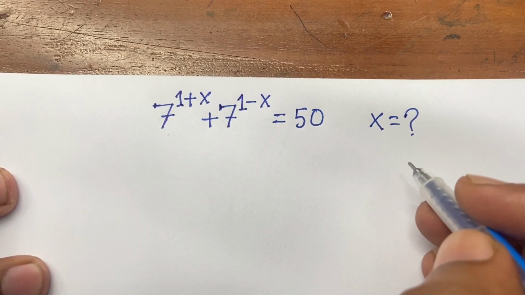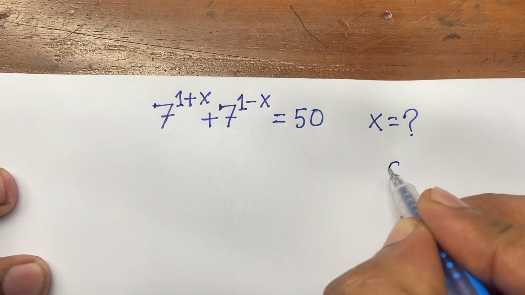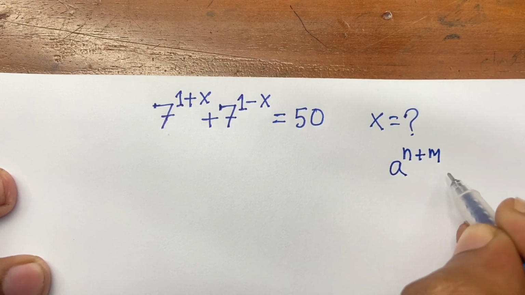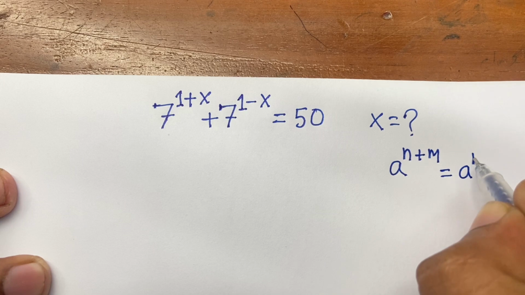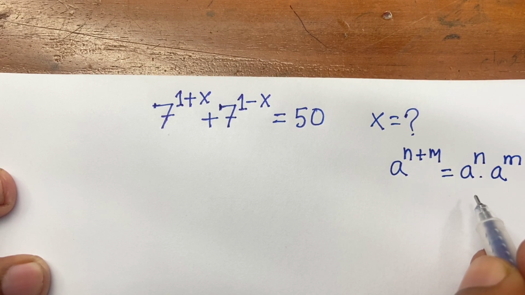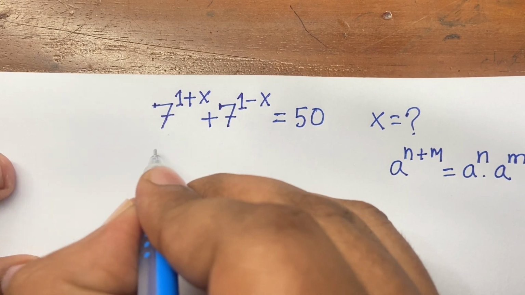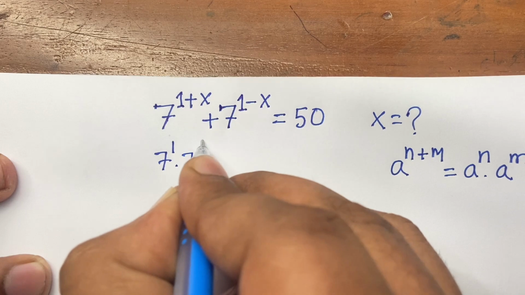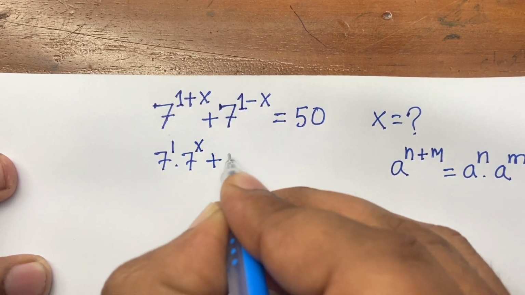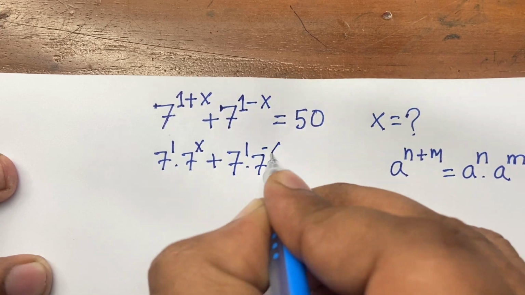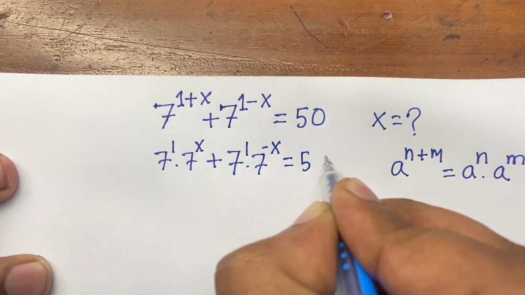According to exponential rules, we know that a^(n+m) = a^n times a^m. If I follow this rule, I can say 7^1 times 7^x plus 7^1 times 7^(-x) equals 50.